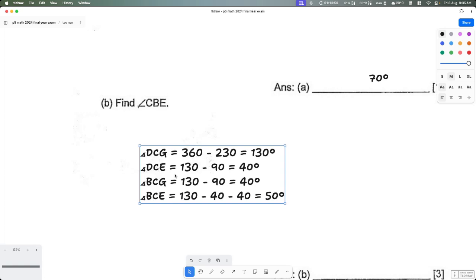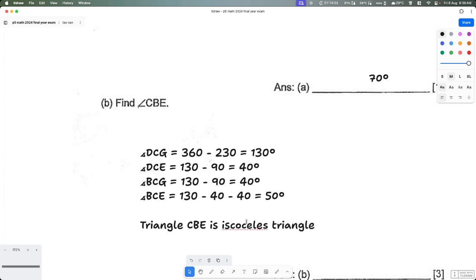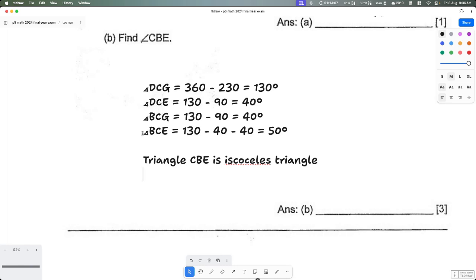That means, since triangle CBE is an isosceles triangle, angle BCE is equal to angle CBE, which means this is equal to 50 degrees in this case. So the answer to this is 50 degrees.